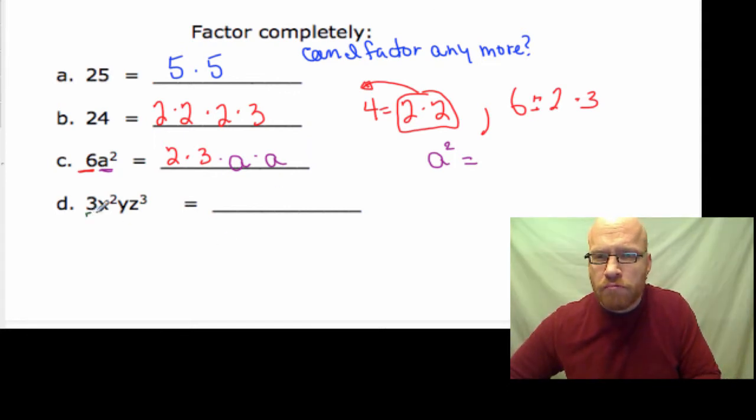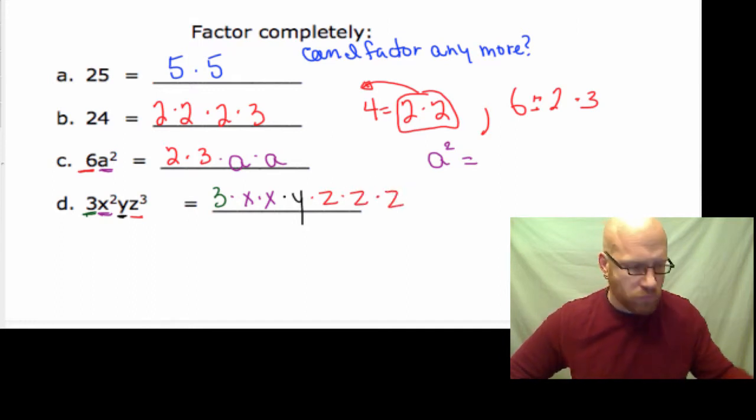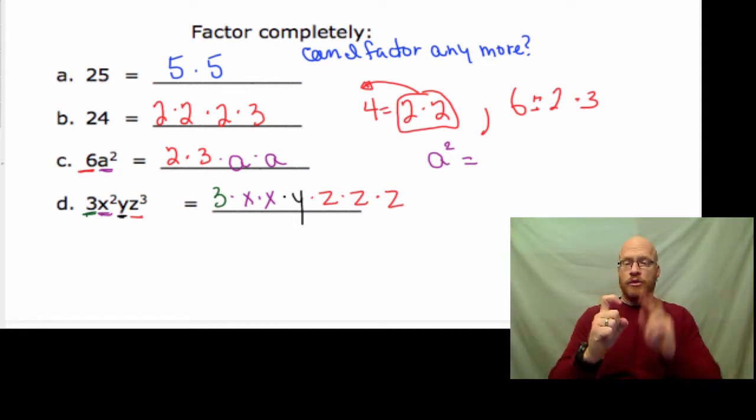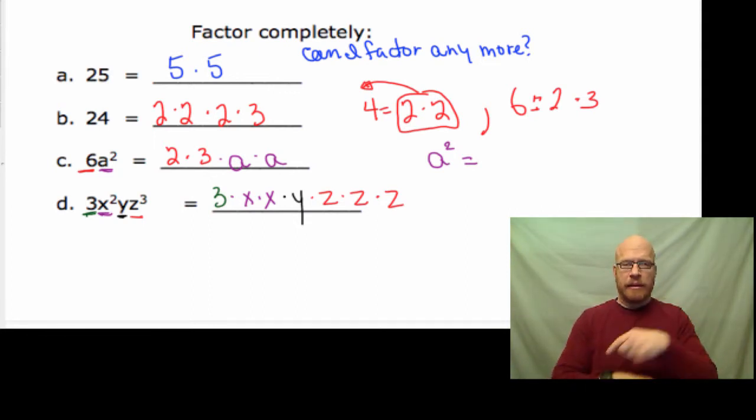All right, on to our D example. Okay, now, for example D, 3 is pretty simple. 3 is its lowest factor. But then x squared is x times x. y is just y. z cubed is z times z times z. And that would be fully factored.